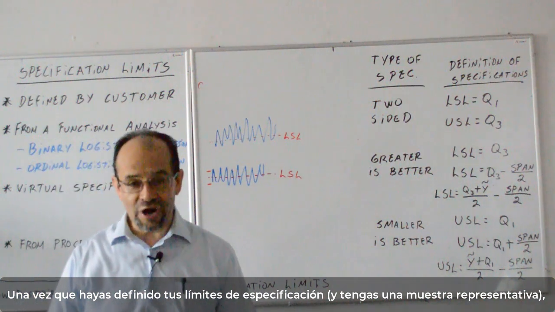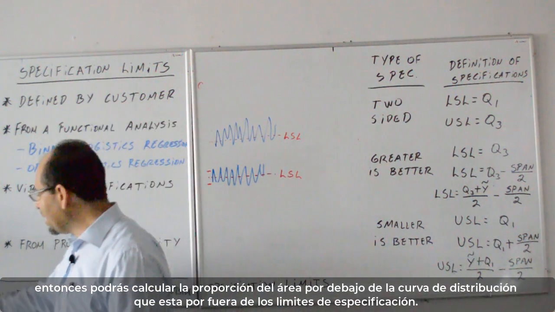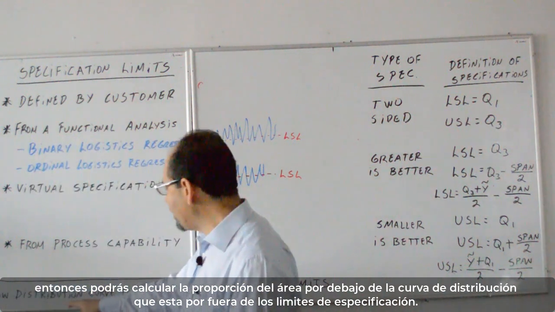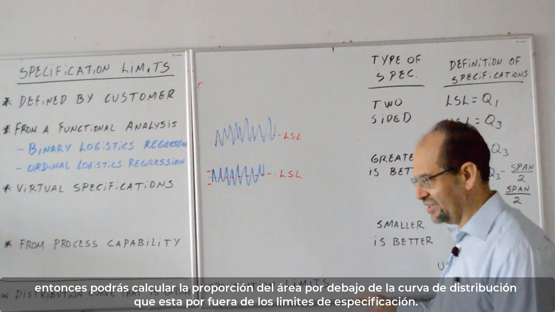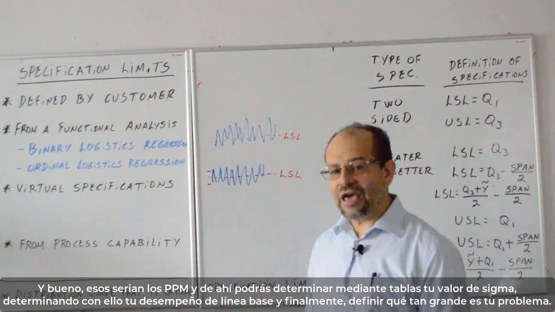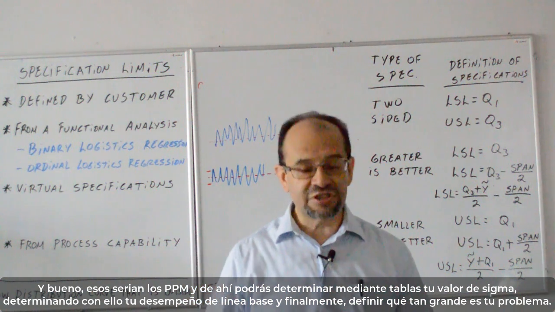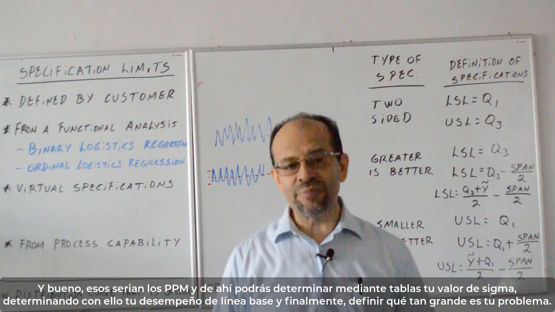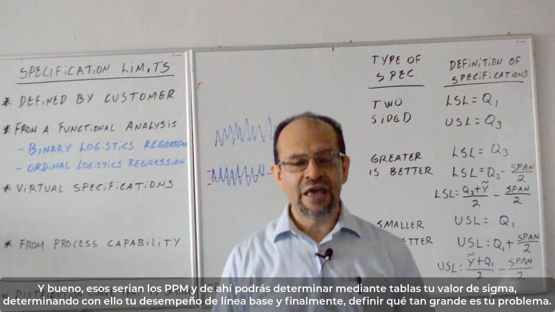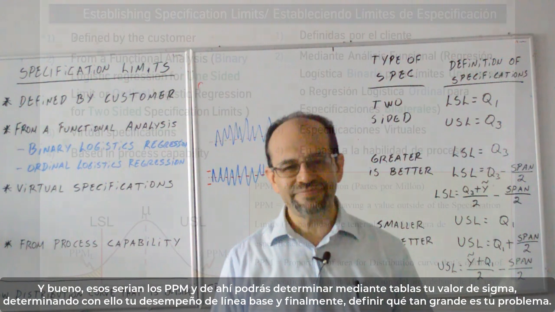And by the way, you are having also a representative sample, then you can calculate the proportion of the area below the distribution curve that is outside the specification limits. And that will be, well, the PPMs, and from there you will take a look to a table, for instance, and you will be calculating your sigma value, determining your baseline performance, and well, defining how big is your problem.